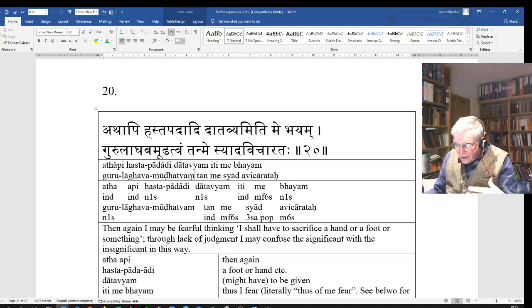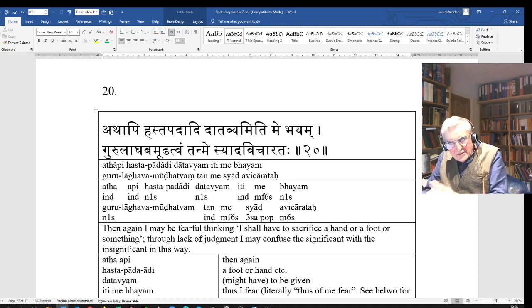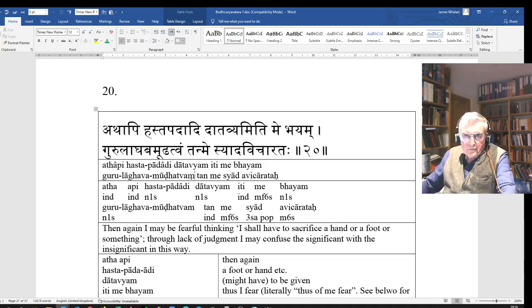So we say in English hand, foot, etc., from Latin et cetera, meaning and other things. In Sanskrit and Pali you say hand, foot, beginning. In other words, that list of things starting with hand and feet. So the adi there has exactly the same force as etc. in English, and other things.